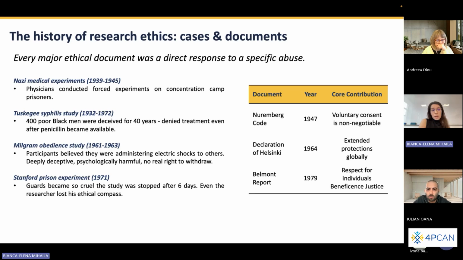And the Stanford prison experiment stopped after 6 days, and there are some voices in the literature saying that even Zimbardo lost his ethical compass.